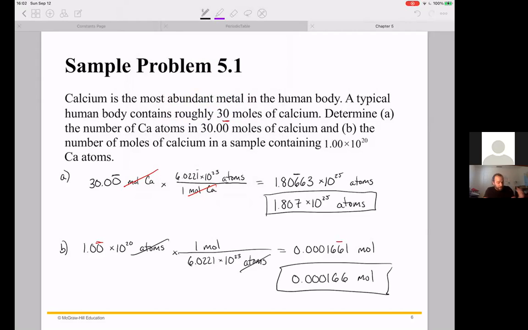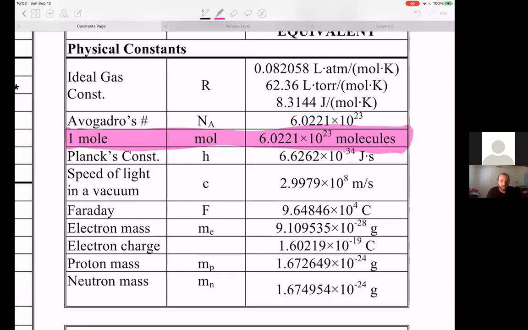Okay, so again, similar to what we saw before, it's all about using this, in this case, this one particular line from our constants page, turning it into a conversion factor and using that to convert either from moles to molecules or atoms, or from atoms or molecules to moles, right?